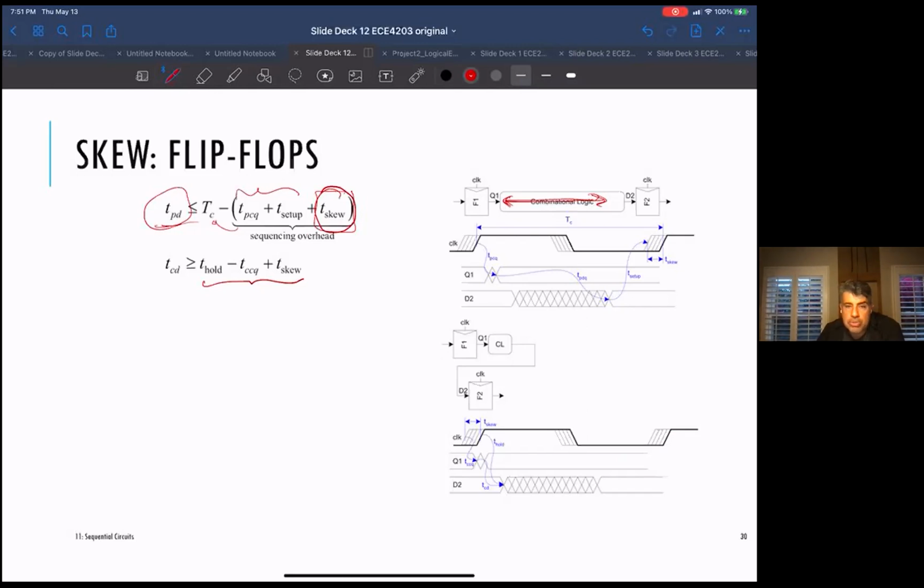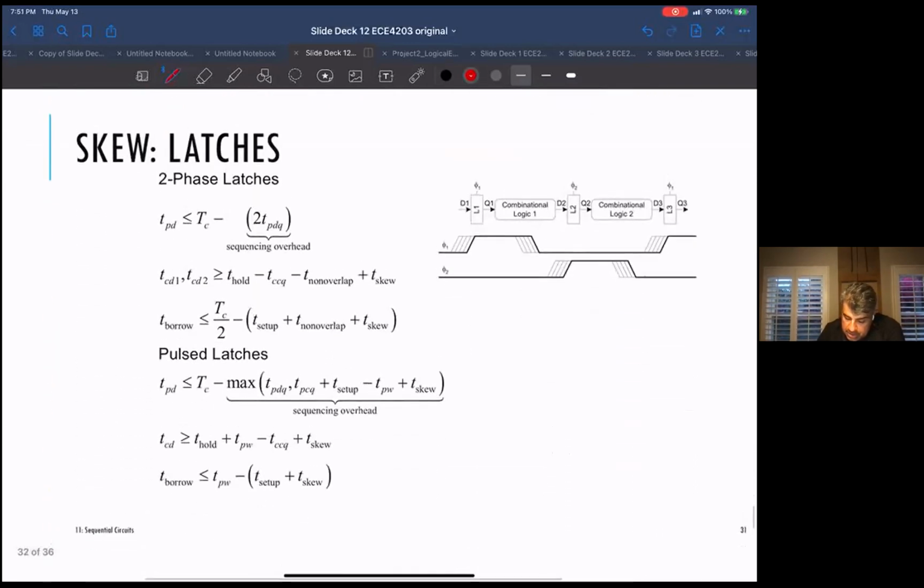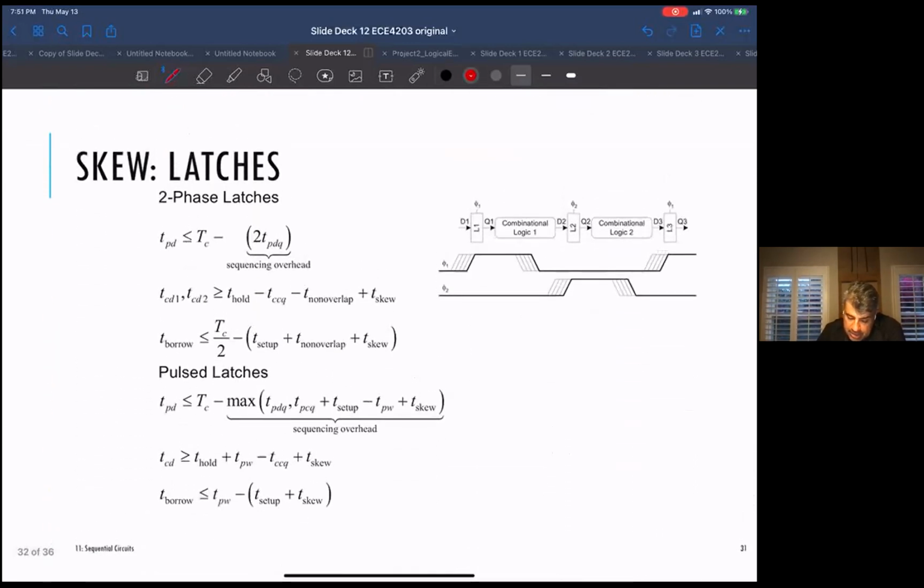Anyway, it does a similar thing with these two-phase latches. I've got to take these out of my view graphs because I just don't believe in this approach. But anyway, you have to add the skew here as well.